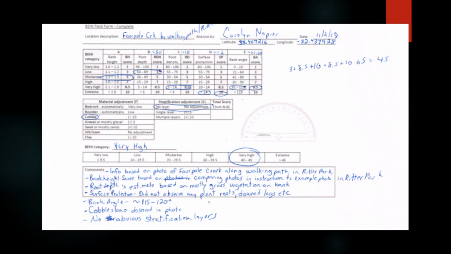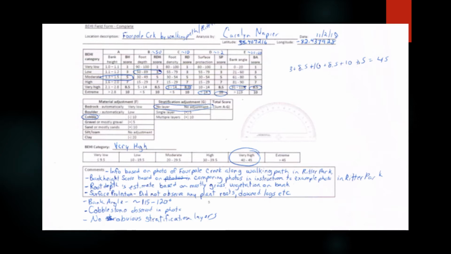In this slide, the BHI sheet is something I would have used if I was actually out in the field, but this is my calculations and conclusions and how I justified how I based my numbers down there below. According to what I came up with, the BHI category is very high.